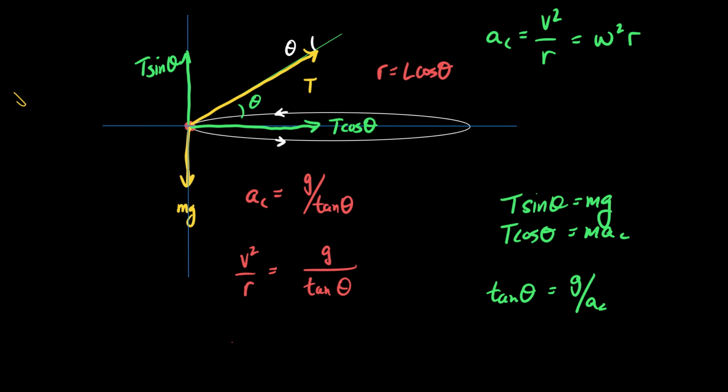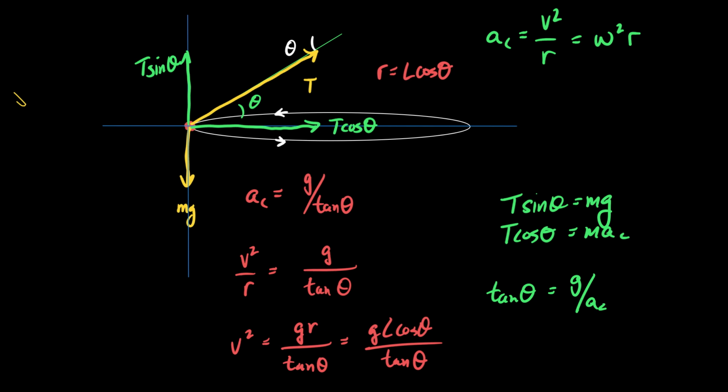So v squared equals g r over tangent theta, which is g L cosine theta over tangent theta. You don't really gain anything by breaking up the tangent. You'll just get cosine squared in the numerator and sine in the denominator. So, I mean, there's probably some trig function you could work your way out of this, but I don't think it matters. You're just going to plug in numbers and get a value anyways.